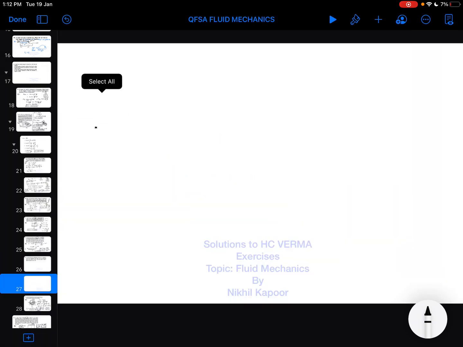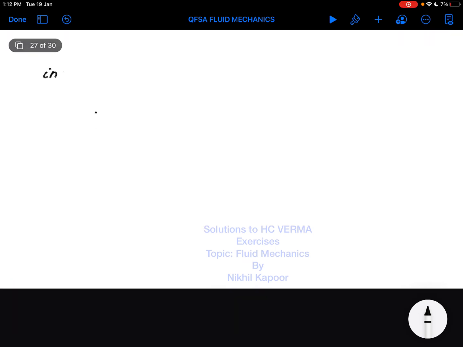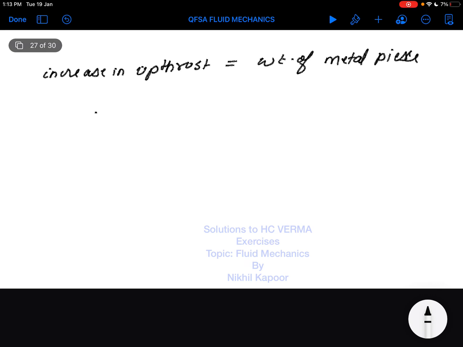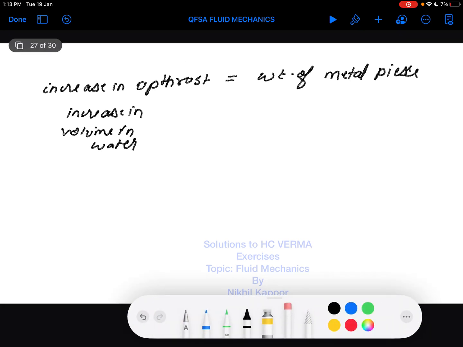So in that case, we can say that the increase in upthrust would be equal to the weight of the metal piece, while the increase in upthrust is nothing but the increase in volume of ice in water.